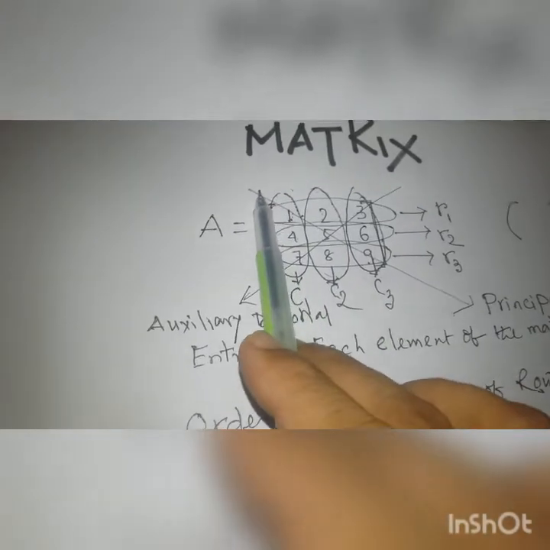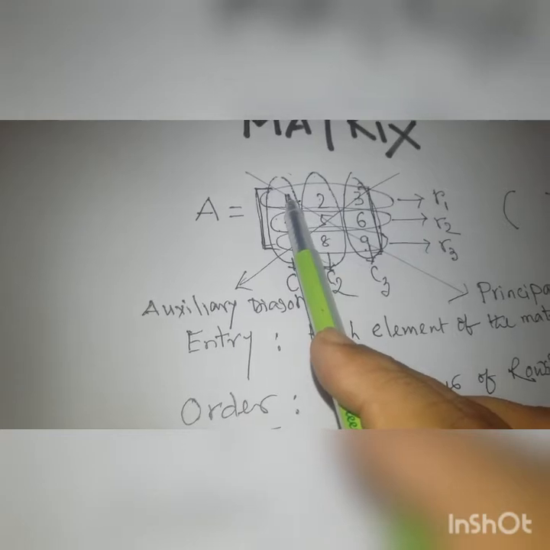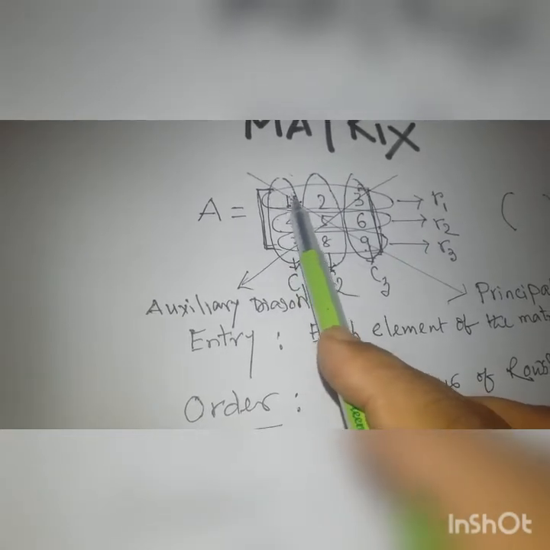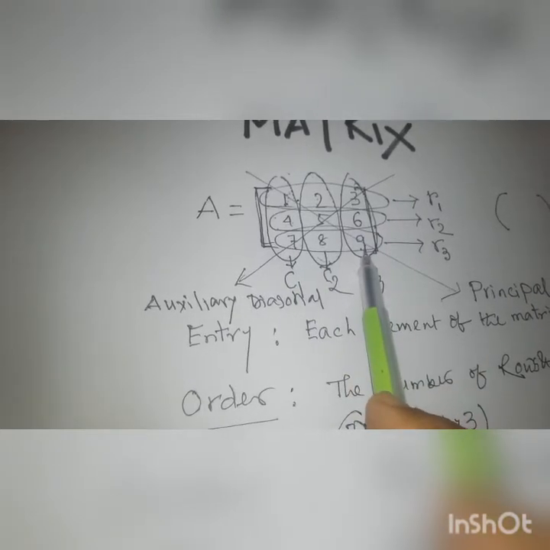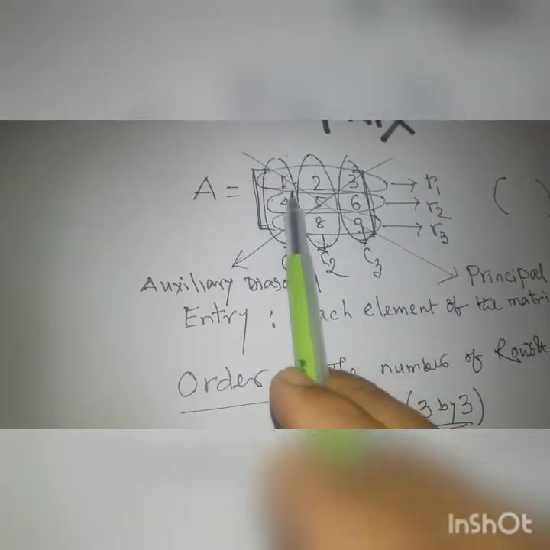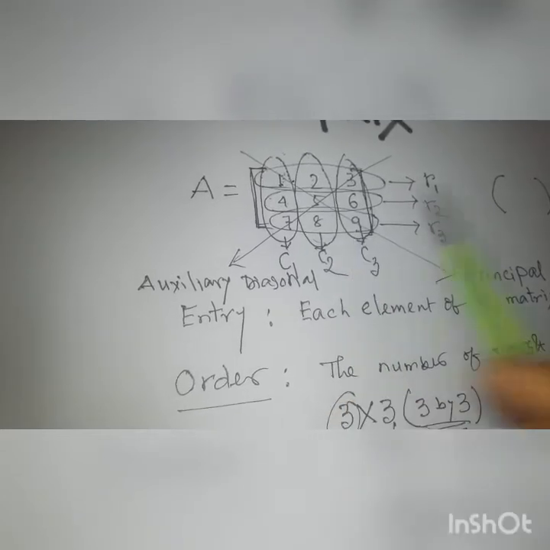The principal diagonal is a diagonal which starts from the first entry of the first row and ends with the last entry of the last row.